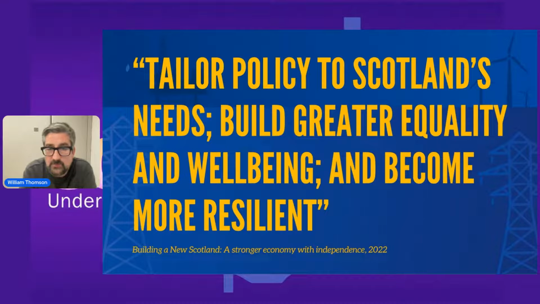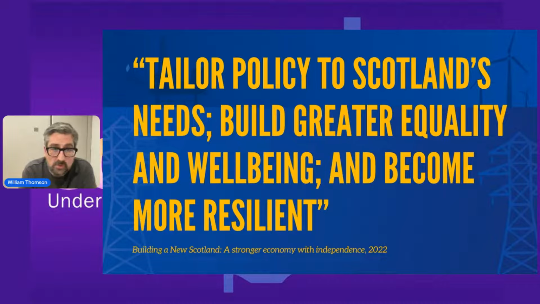And my final point here, this is one of the most important lines taken from A Stronger Economy with Independence, the Scottish Government's paper in 2022. And for me, this highlights the deep contradictions within that paper. It says that independence will allow us to tailor policy to Scotland's needs, build greater equality and well-being, and become more resilient. And Dirk was in agreement with the paper, this is exactly what independence can deliver. But aligning with the Stability and Growth Pact is not tailoring policy.